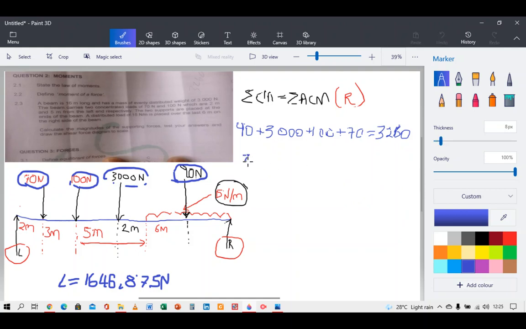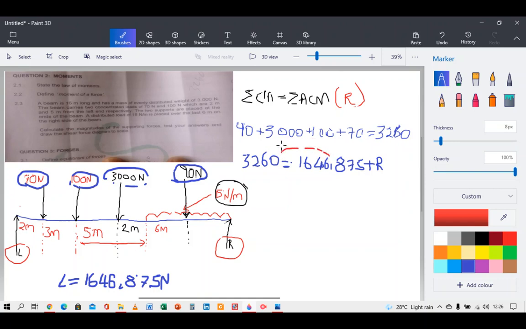So it is 3260 equals to the sum of forces that are going up, which is this one, 1,646.875 plus R.